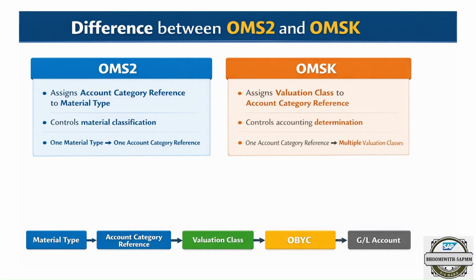Here, one account category reference can have multiple valuation classes. If we see the complete flow, material type goes to account category reference through OMS2, then account category reference goes to valuation class through OMSK, and finally OBYC determines the GL account. So in short, OMS2 controls material classification and OMSK controls automatic GL posting.